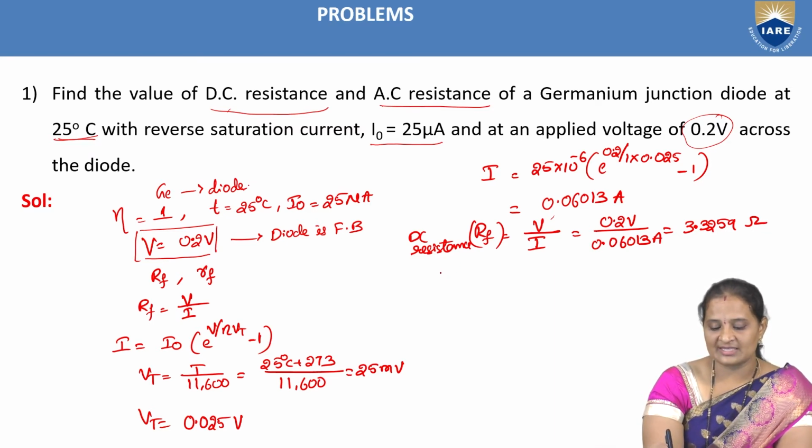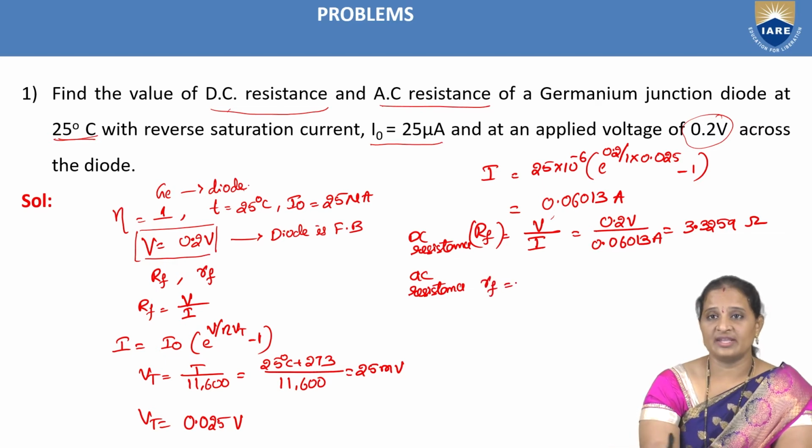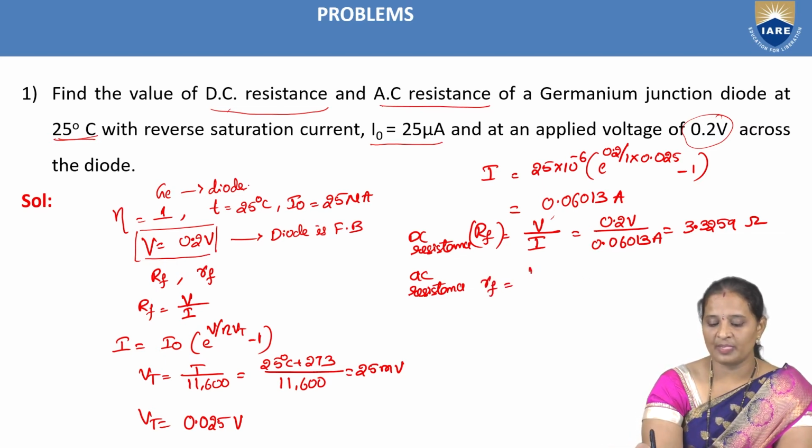Now coming to the AC resistance, which is represented with small rf. That is given by the formula eta into Vt divided by I naught into e power V by eta into Vt. Just substitute all the values.